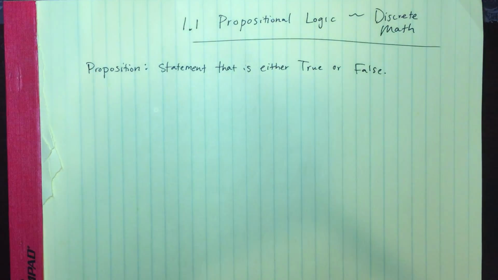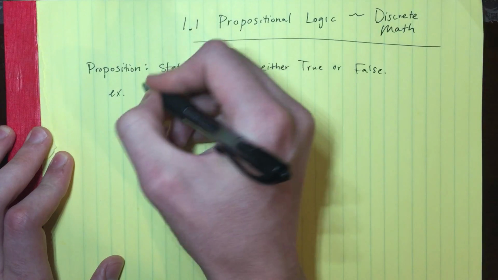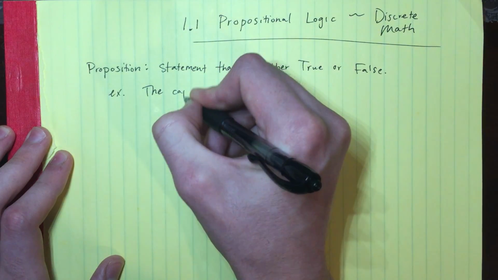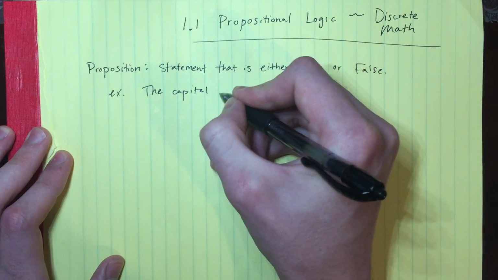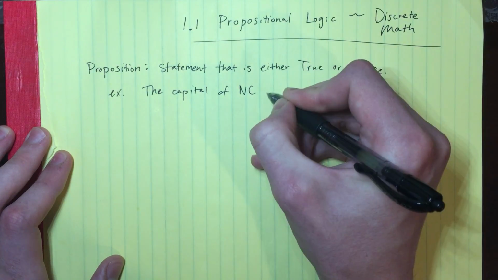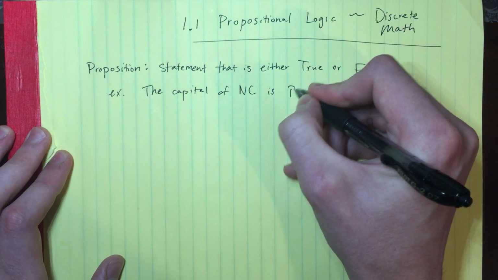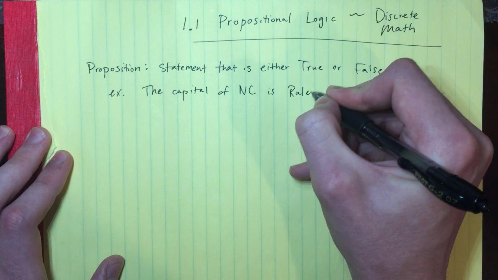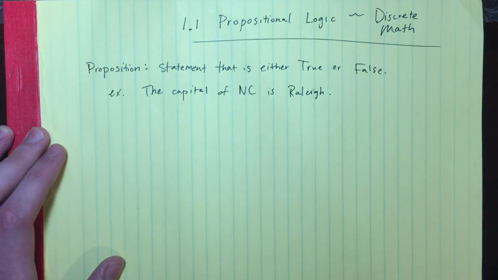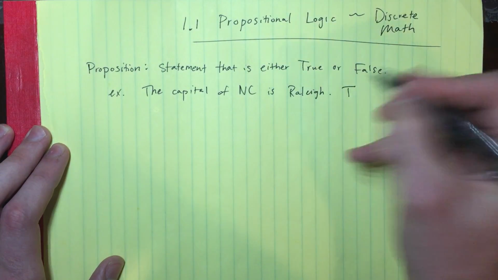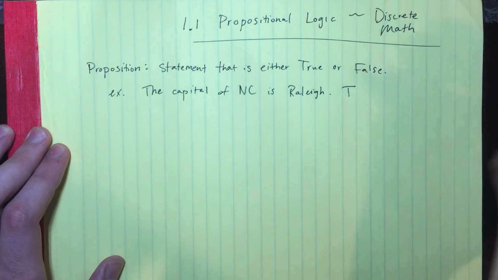So for example, the capital of North Carolina is Raleigh. Is that true? Yes, that's true. So that statement could either be true or false.